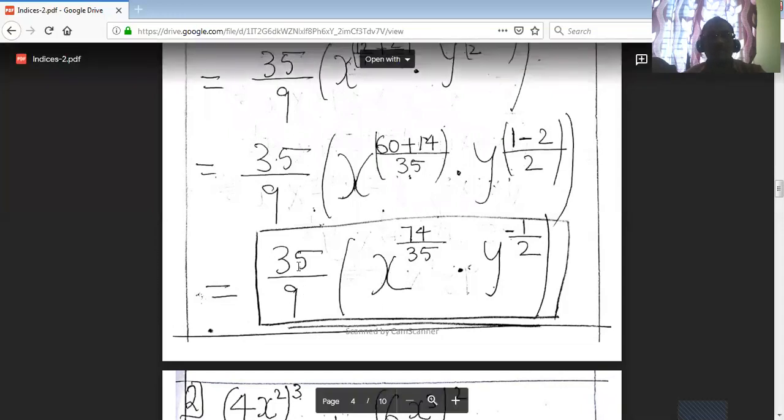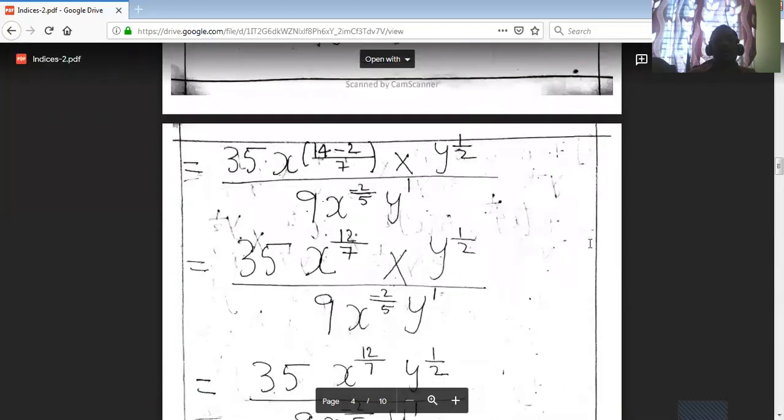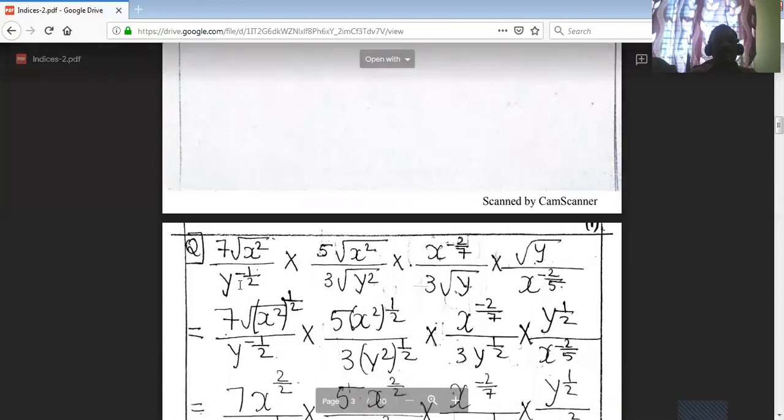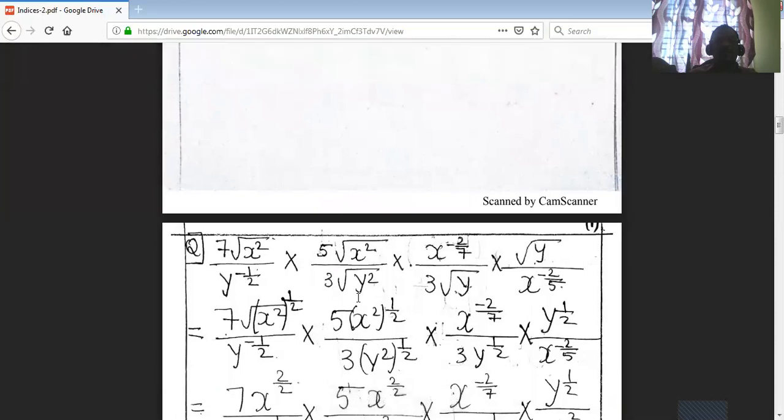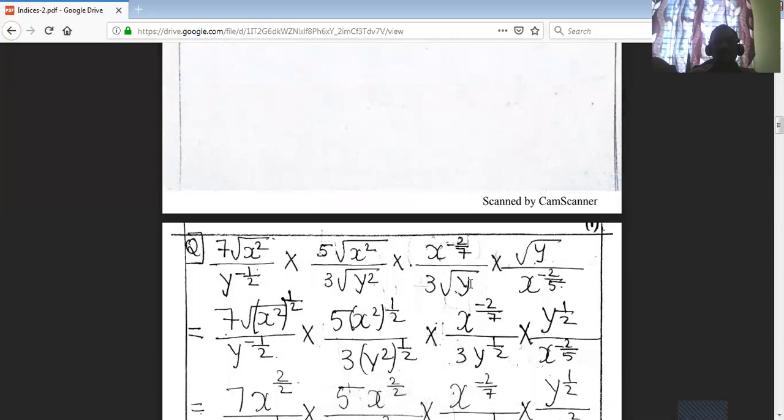The final answer is 35 divided by 9 x to the power of 74 by 35 into y to the power of minus half. This is exactly the solution or the simplified form of the given 7 root of x square divided by y to the power of minus half, 5 root of x square divided by 3 root of y square into x to the power of minus 2 by 7 divided by 3 root of y into root of y divided by x to the power of minus 2 by 5.